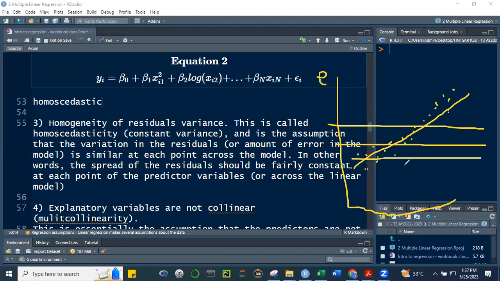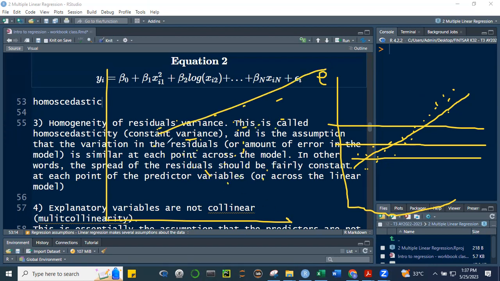And besides also, pag ganito na yung model natin, let's say pag ganito siya, meron tayong tinatawag na fanning out or fanning in. Ito yung mga residuals natin. Notice na may ganyan, no? May ganyan na pattern. So which means that your variance at this point is not the same as the variance at this point.